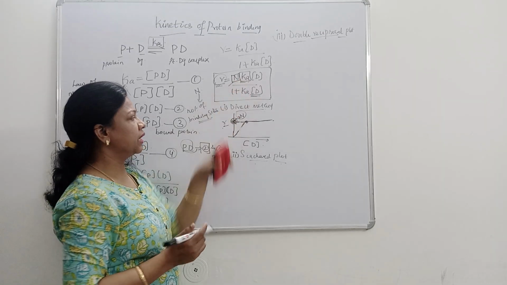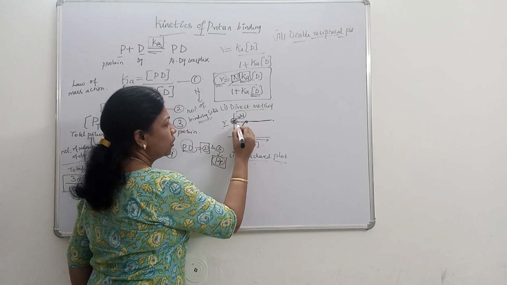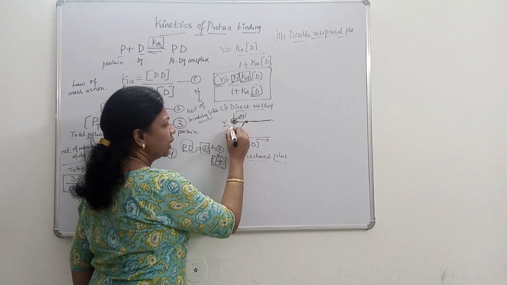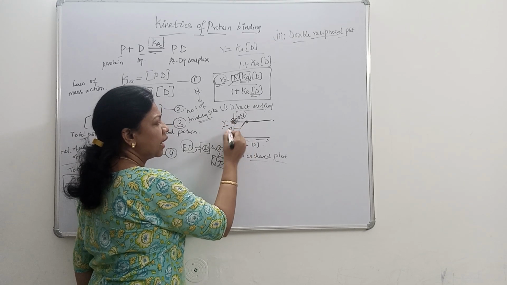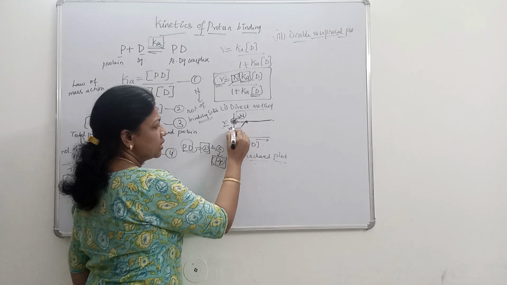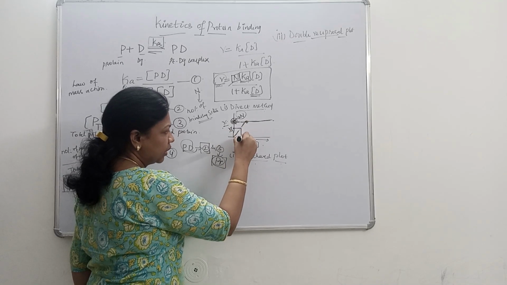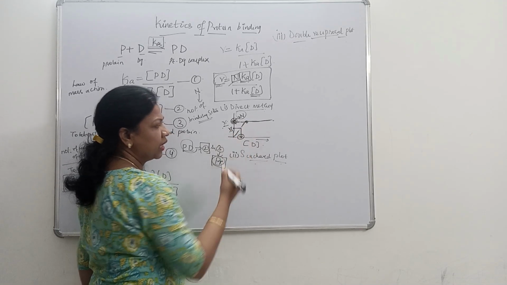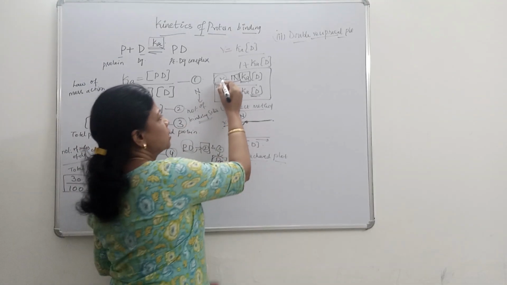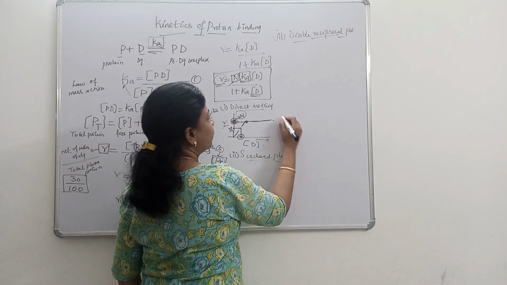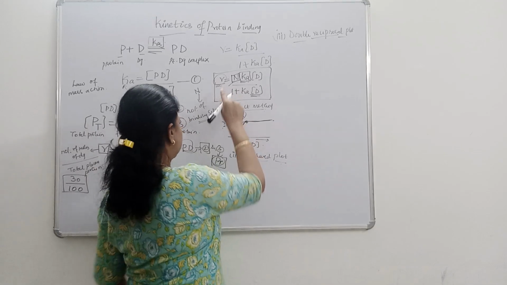Now to determine the Ka value, now that we have determined N, take the value of r as N by 2. So you are getting the value of Ka here. How will we get the value of Ka here? Because now you place the value of r as r by 2 in this equation.